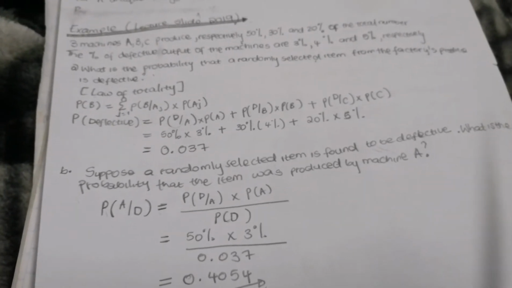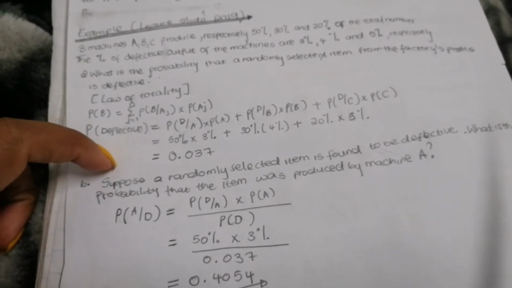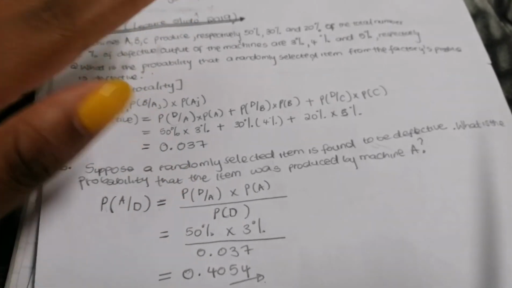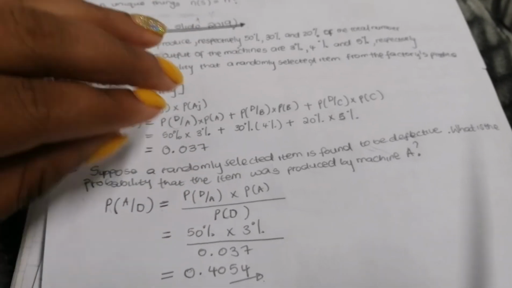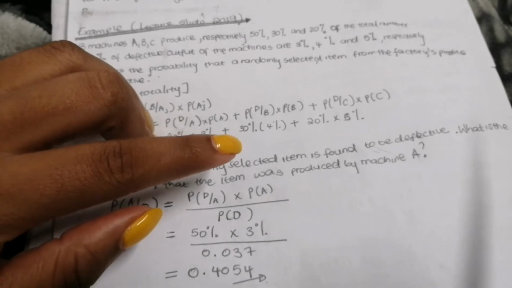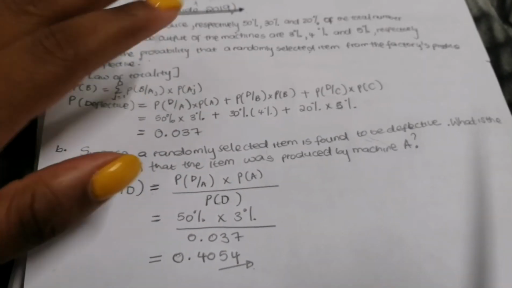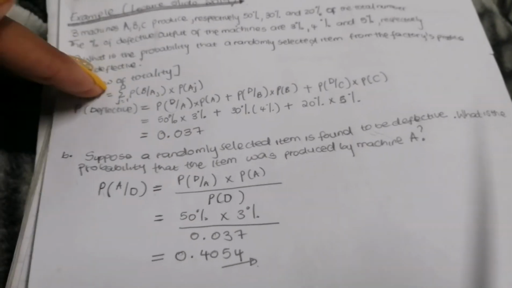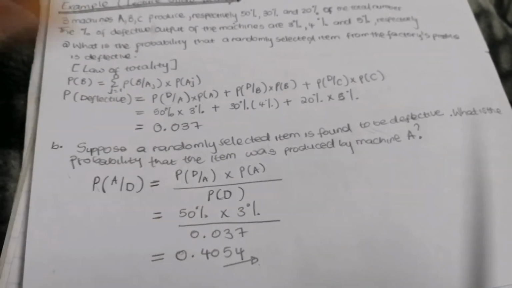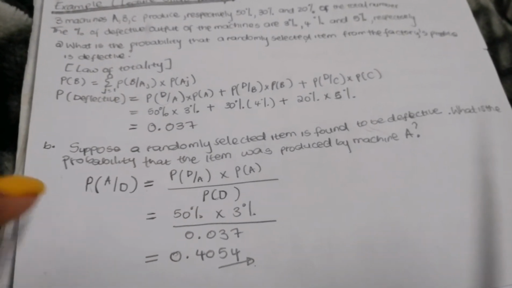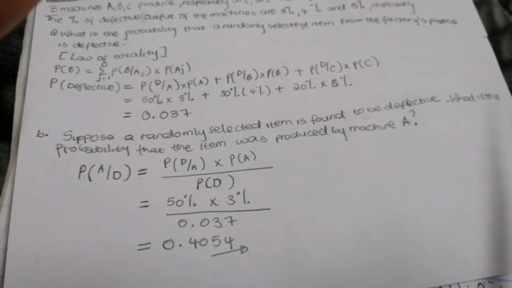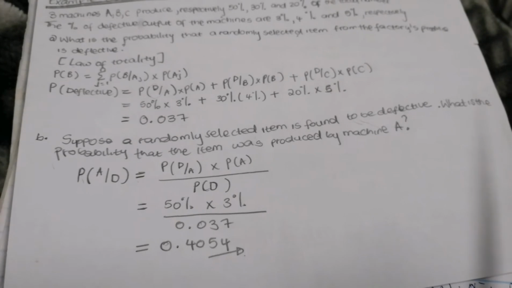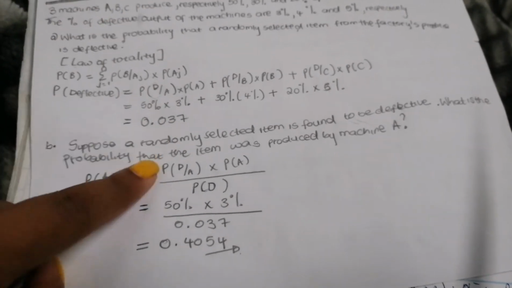That is a conditional probability, right? They are telling you that we selected an item or we found this, and after finding this, find the probability of something else given that you know that. So you know that it is a conditional probability. From what we've discussed earlier in this video, you know this equation.